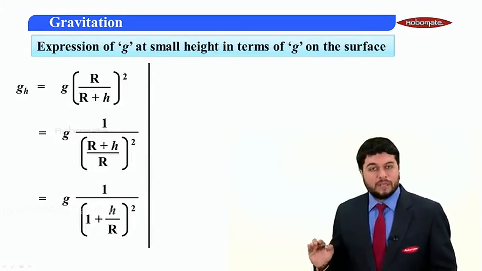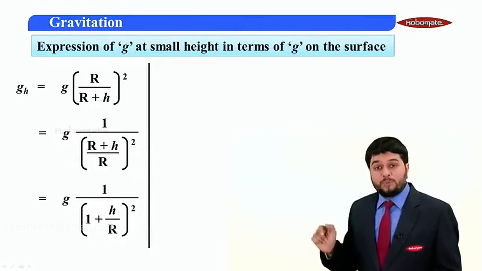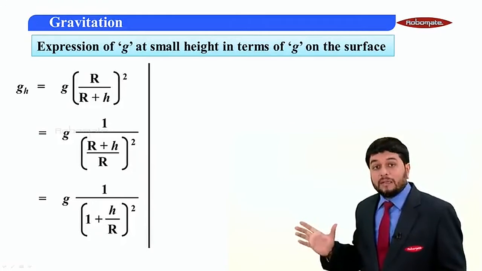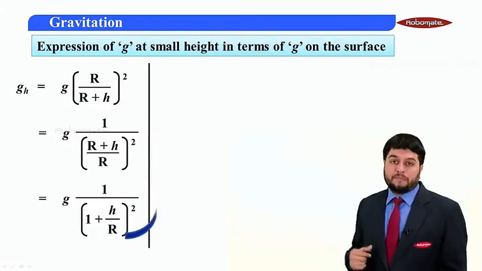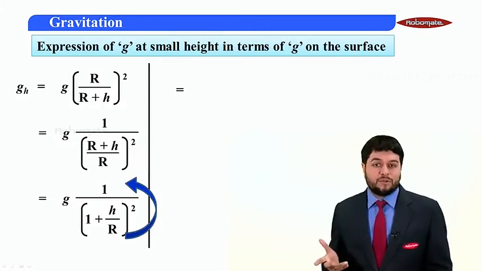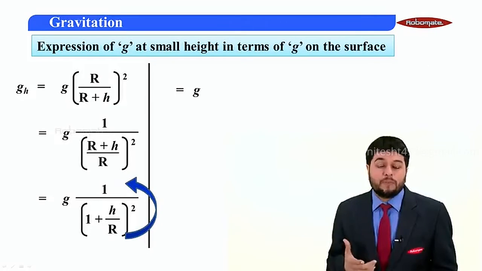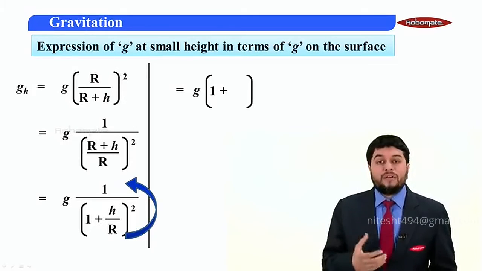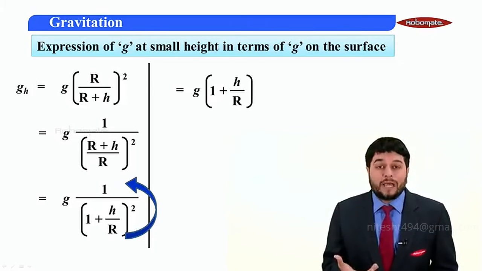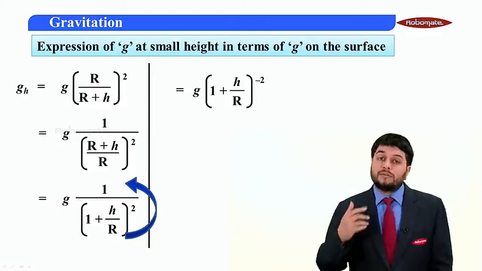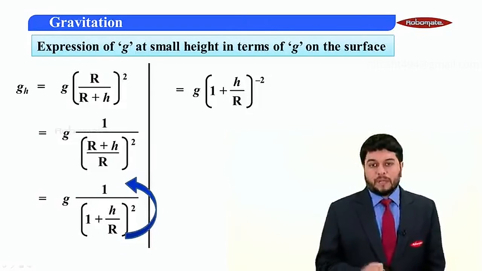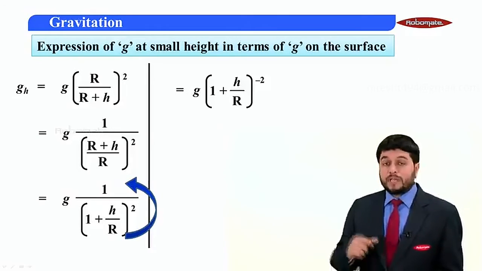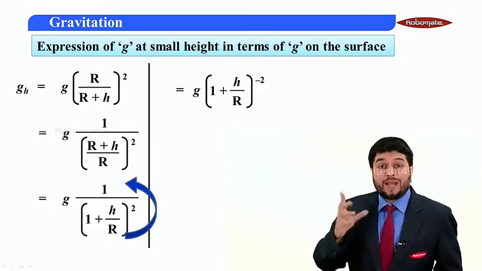Clear till here? Now that (1 plus h by R) the whole square in the denominator, let's take that in the numerator. So according to the law of indices, it will become raised to minus 2. Means it will become equal to g into (1 plus h by R) the whole raised to minus 2. Let's expand this using binomial expansion.